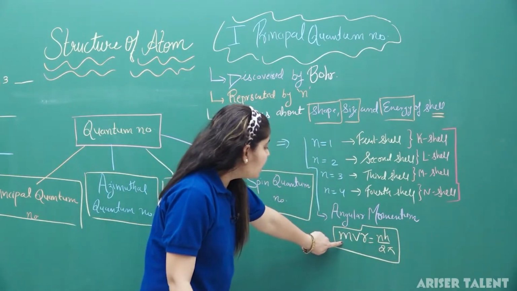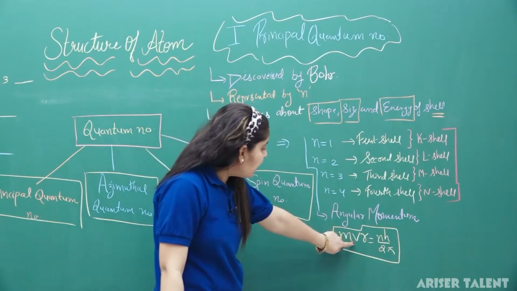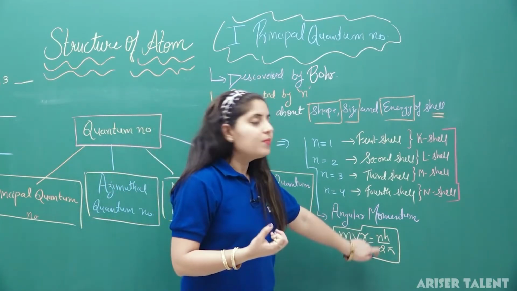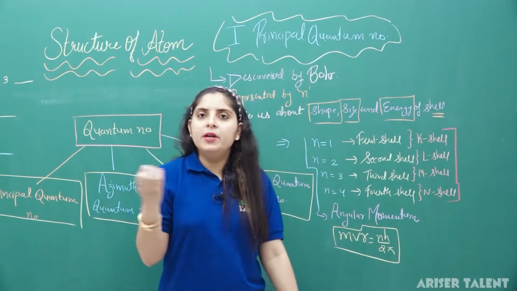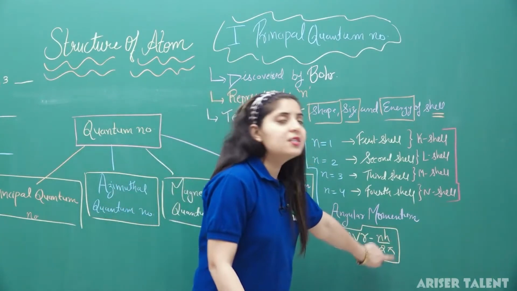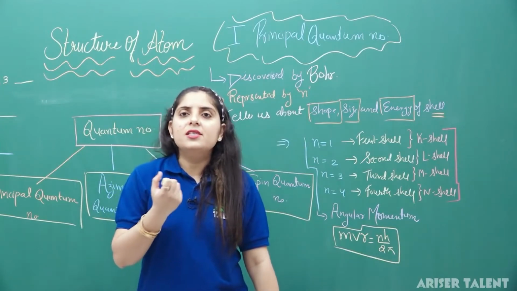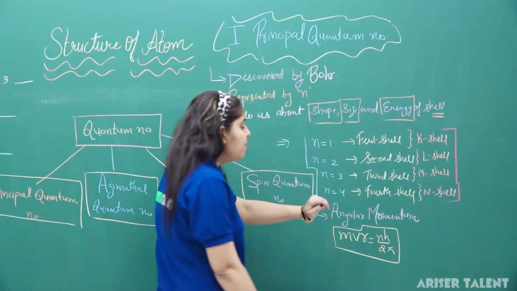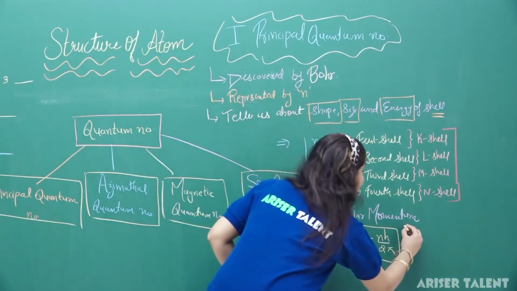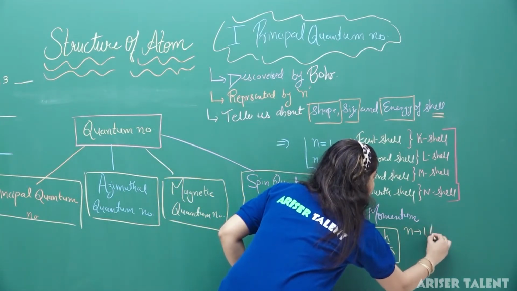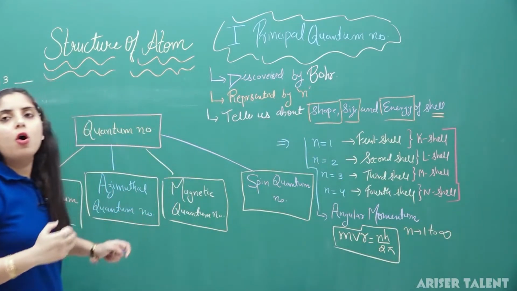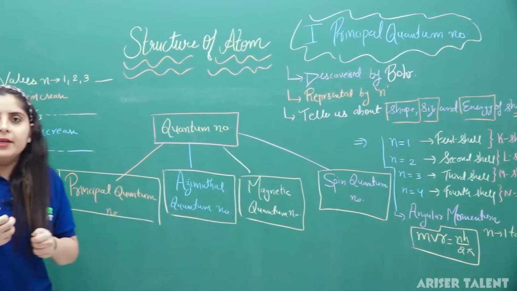Here m is the mass of the electron, v is the velocity, r is the radius of an atom, n is the counting from 1 to infinity, and h is the constant known as Planck's constant. So the angular momentum will be given by mvr equal to nh upon 2 pi, and n can vary from 1 to infinity. So it is all about the principal quantum number.